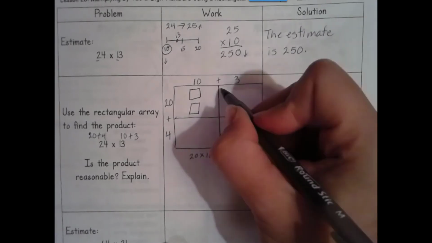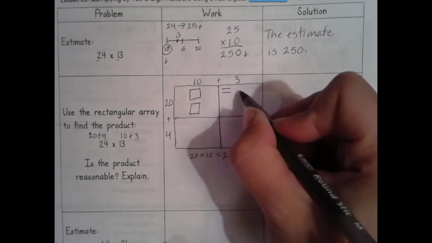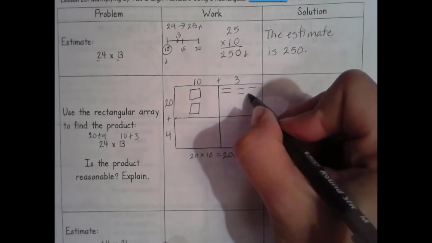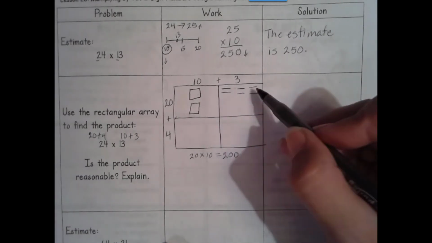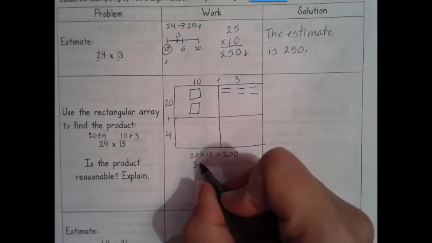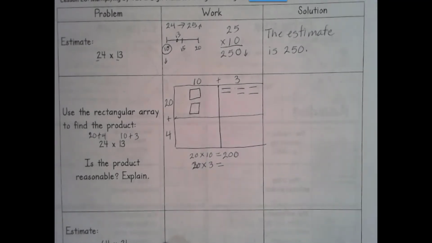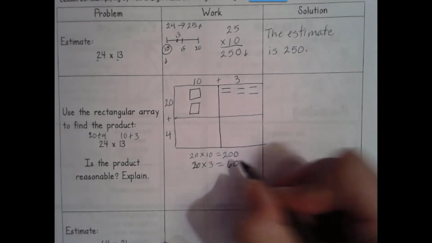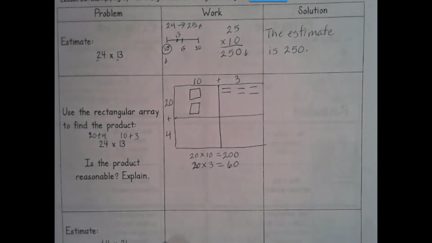I need 3 groups of 20. So there's 1, 2, 3. So here's 20, and I have 1, 2, 3 groups of them. So 3 groups of 20 is 10, 20, 30, 40, 50, 60. The placeholder moves it over a place, and then 2 times 3 is 6.